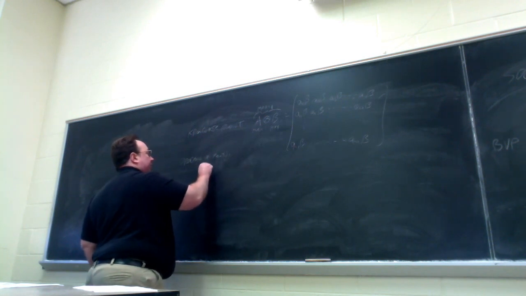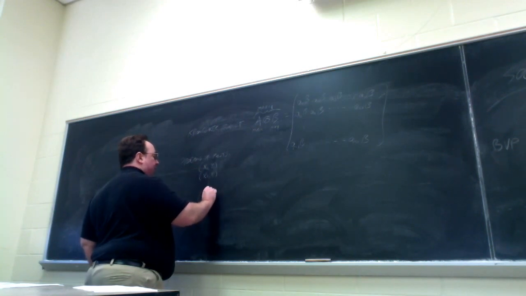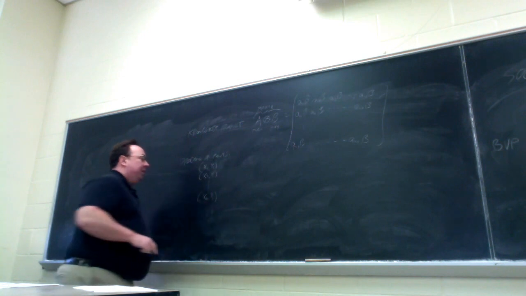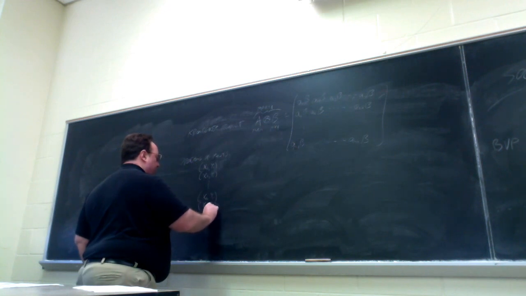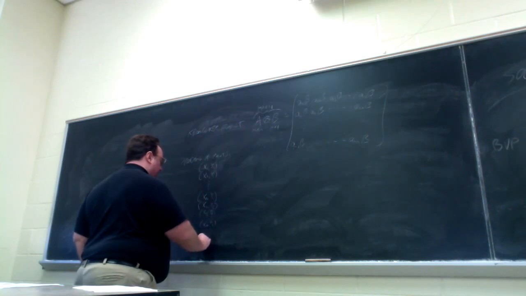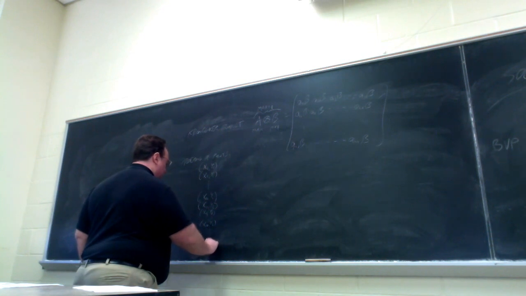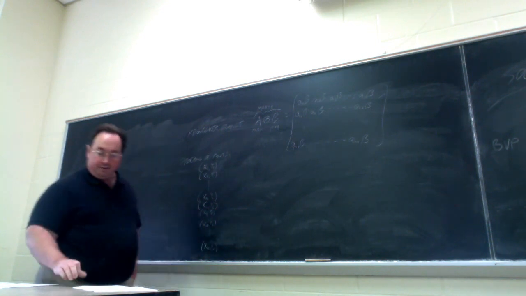So I can order them as follows, like x1, y1, x2, y1, and xn, y1. So I go through the x's, but all the y's stay the same. And then I go to the next y value, x1, y2, x2, y2, and so forth, down to xn, y2. And then I keep going until I get to xn, yn.